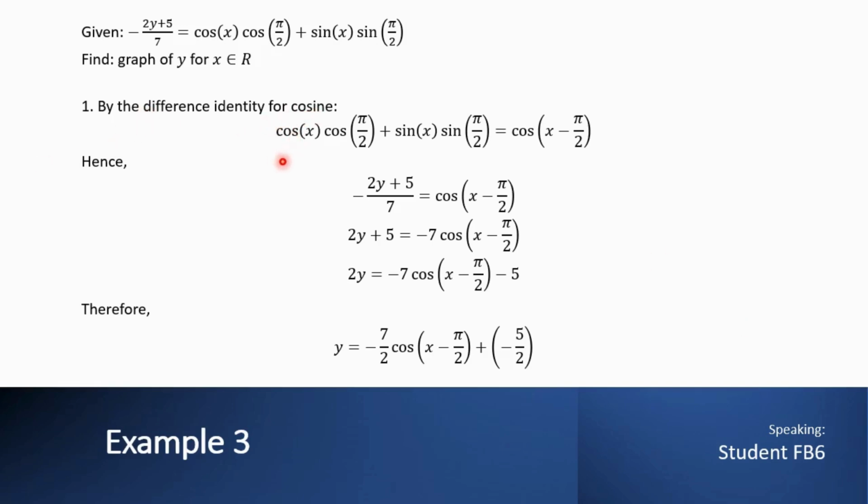By the difference identity for cosine, this expression right here is equal to cosine of x minus quantity x minus pi over 2. Hence, we can equate negative 2y plus 5 all over 7 to cosine of quantity x minus pi over 2 and derive the conventional form.